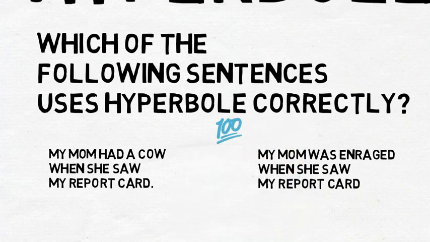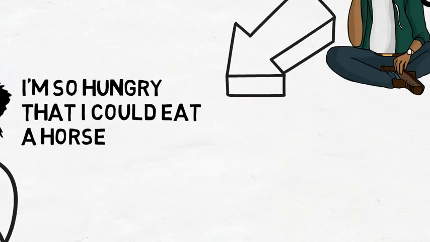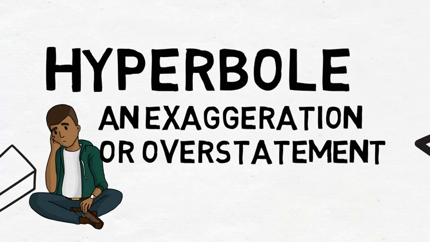What does that mean? My mom is very, very angry at me when she saw my report card. Having a cow means that she is super marah. Okay? So it's a hyperbole because sometimes it actually exaggerates things beyond their reality.